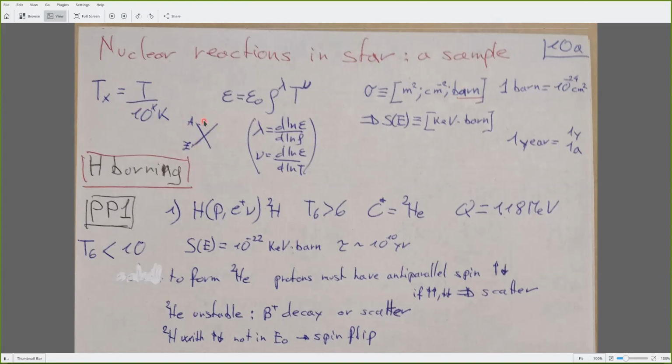This is the classical notation for an element. Here is the name of the element. Then in the upper left corner there is the mass number, the number of nucleons inside the nucleus. Below on the left there is the atomic number.